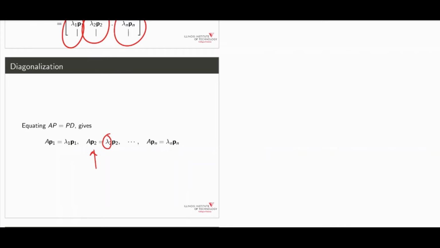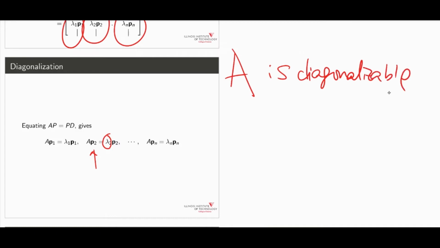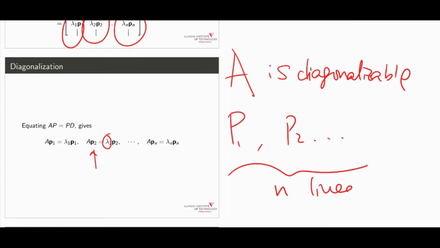So in fact, what we have shown is that if A is diagonalizable, then we will have P, with columns p1, p2, and so on, being linearly independent eigenvectors. So we have n of them.